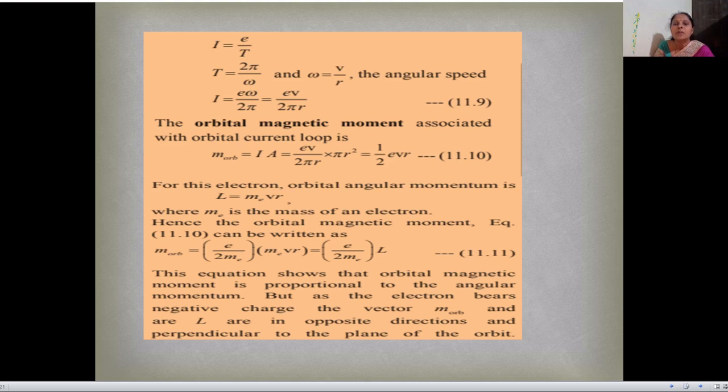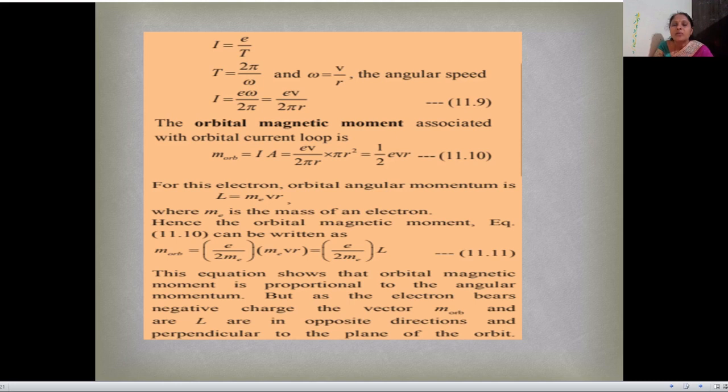The electron's orbital angular momentum is equal to m_e v r, where m_e is the mass of an electron. Hence the orbital magnetic moment equation above we can write as m orbit equals e by 2 m_e into m_e v r.